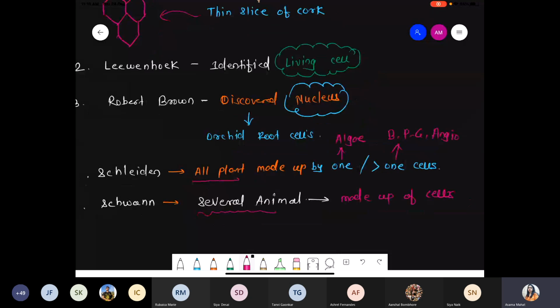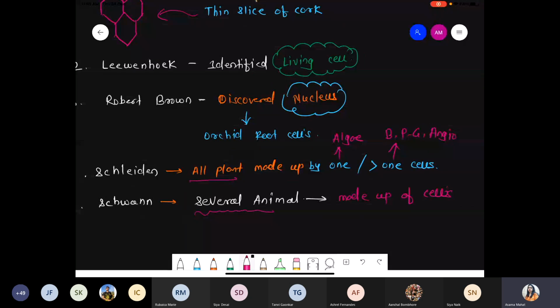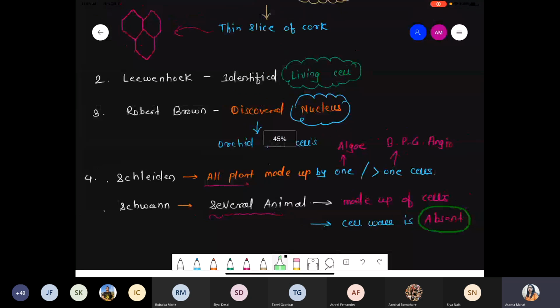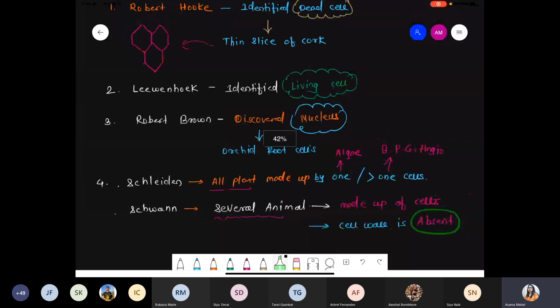And again, he explained another important scenario, that in animals the cell wall is absent. That is totally true. These are important explanations given by scientist Schwann. So four scientists: Robert Hooke, Leeuwenhoek, Robert Brown, Schleiden and Schwann.